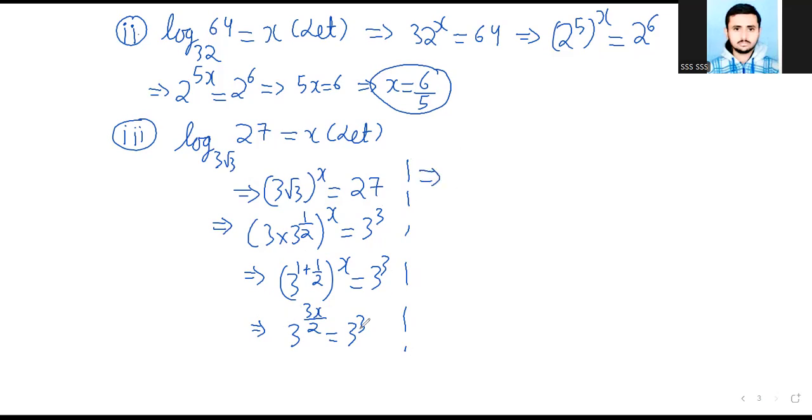So let us compare the two powers. So 3x by 2 is equal to 3. This implies x is equal to 2 by 3 into 3. So we have 3 and 3 cancelling out and we get the result 2. So x is equal to 2. These are some questions from the very basic definition of logarithm.